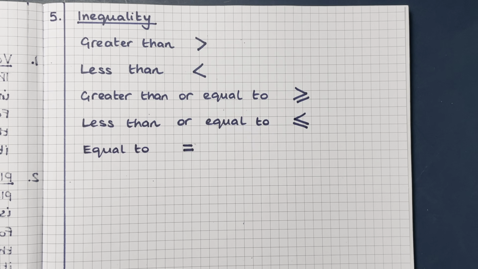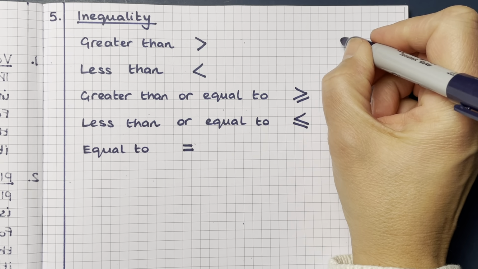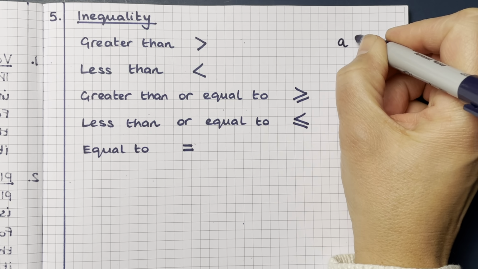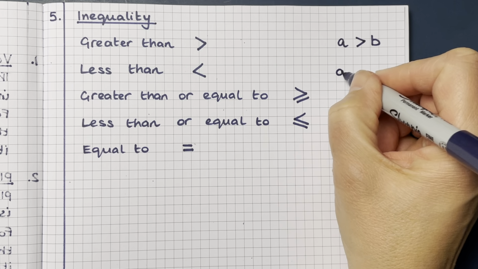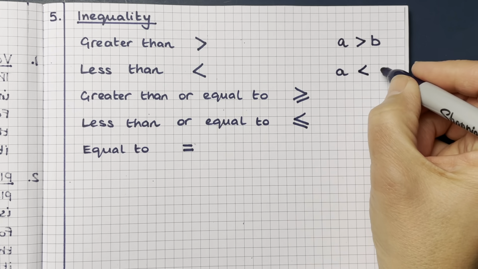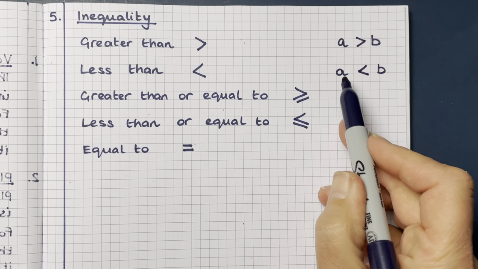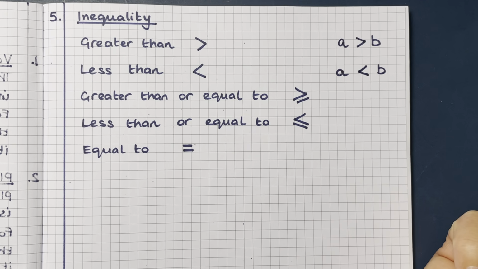Let's just finish off with a couple of examples. So we can write this as, for example, we could say that A is greater than B. We could say that A is less than B. A and B are variables.